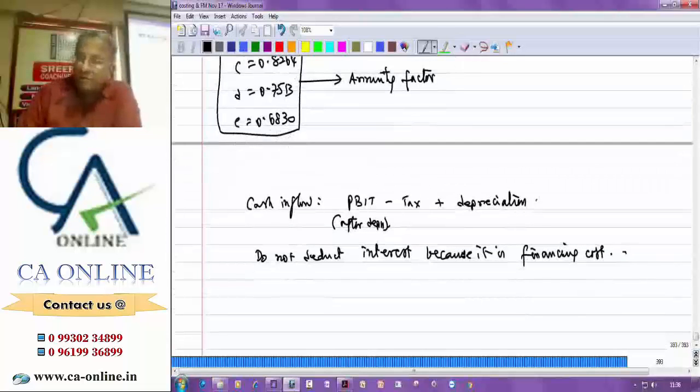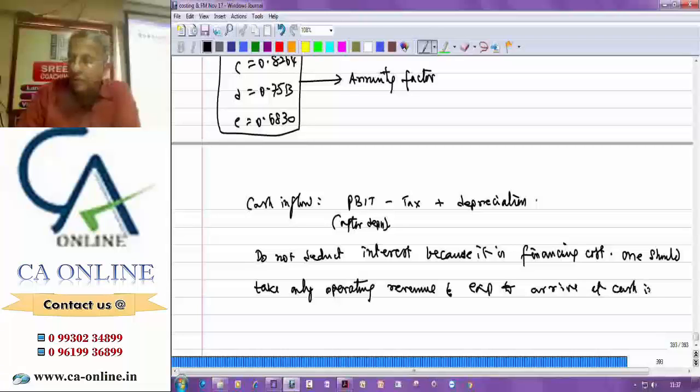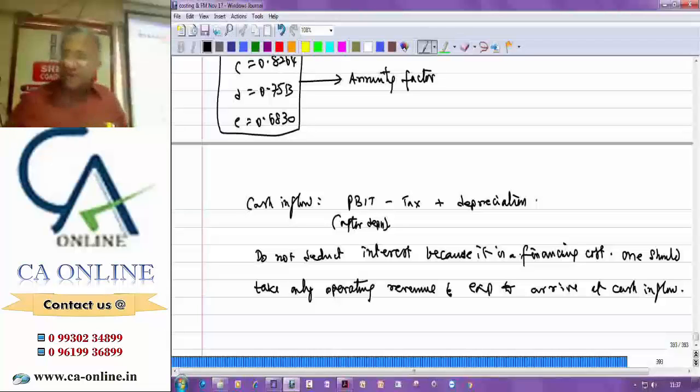One should take only operating revenue and expenses to arrive at cash inflow.